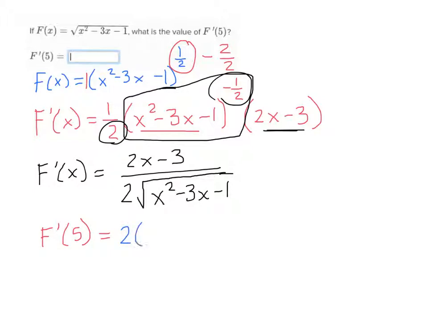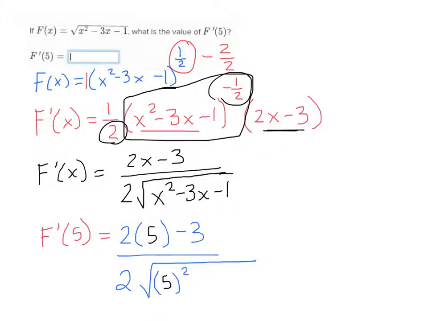2 times 5, minus 3, over 2 square root of 5 squared, minus 3 times 5, minus 1.